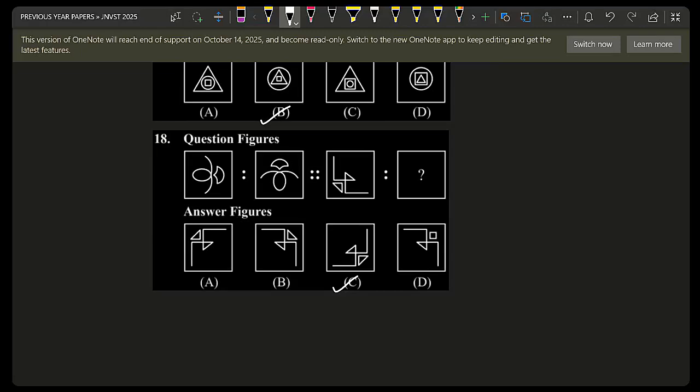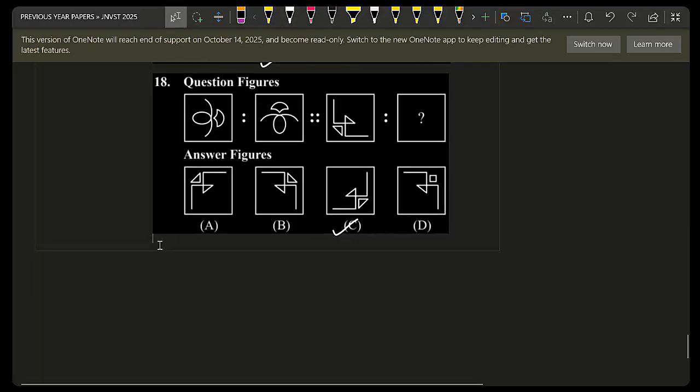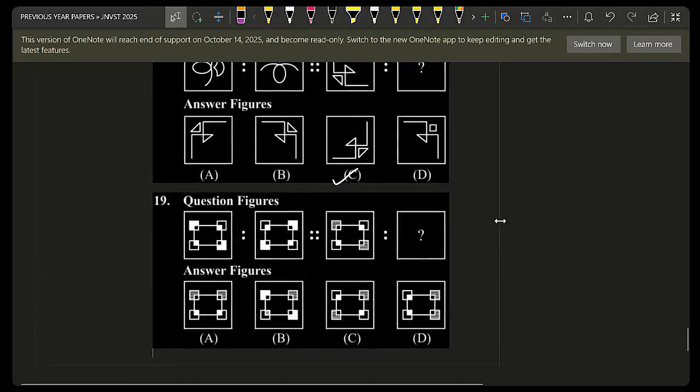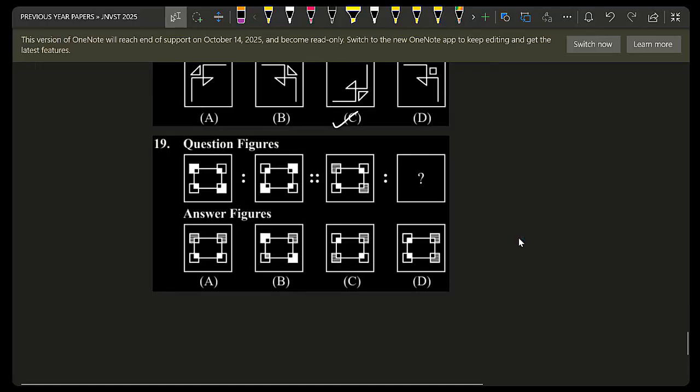And next, 19th one. How did we get the second figure from the first one? The shaded part of the first figure becomes unshaded, and unshaded becomes shaded. That's it.